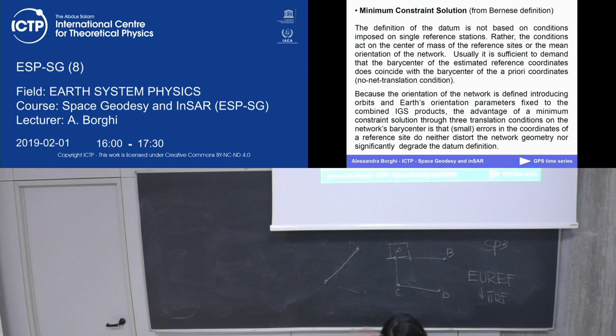So this part is fixed. The coordinates of the reference frame are free, they are loosely constrained. So it's all minimum constraint. A part of your network is just fixed. So you need just this translation to check if you are in the good position or not.